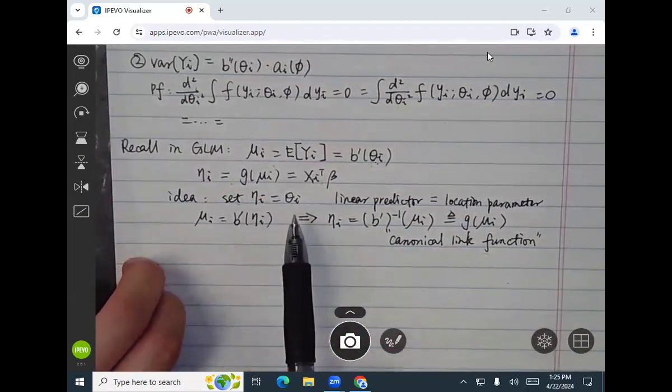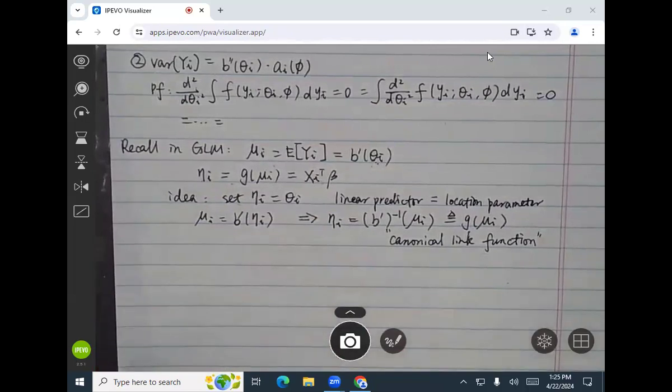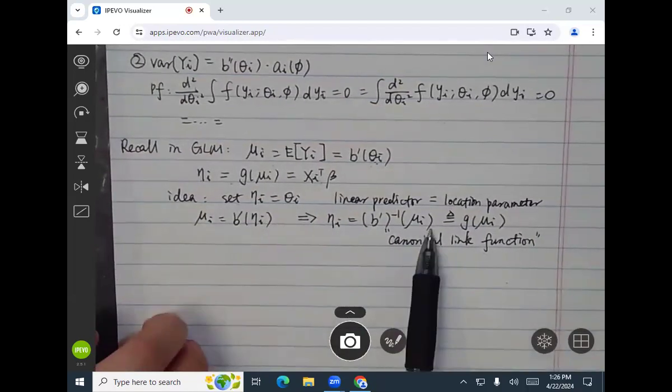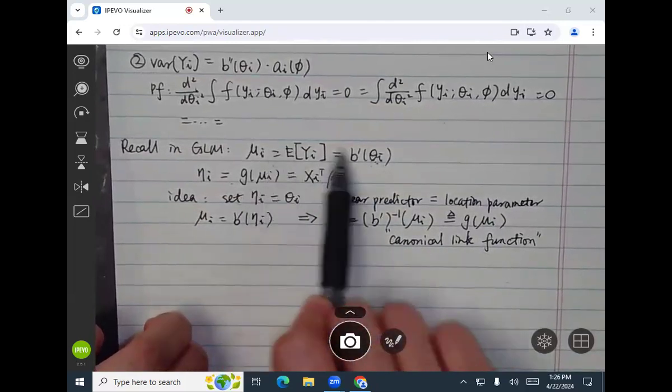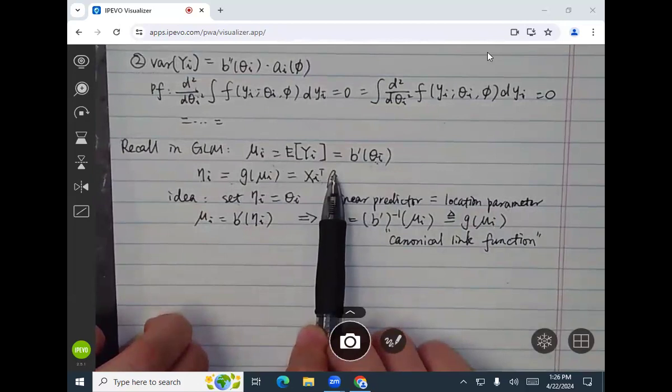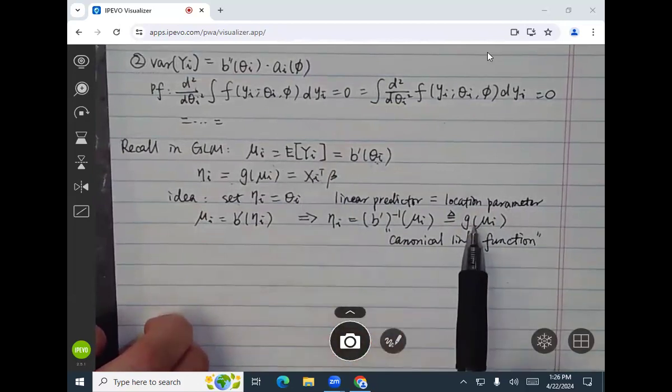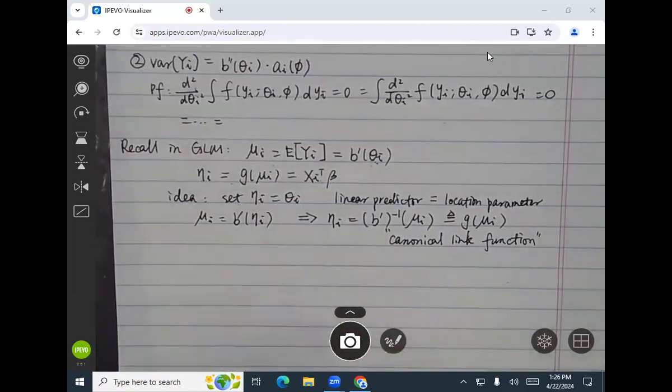We set eta I to theta I. That gives us one way to specify the link function. But it's not the only way. It's not the only way. But this way has the justification that we can go back to the exponential family. Then we have an automatic definition of the link function. It just simplifies the problem.